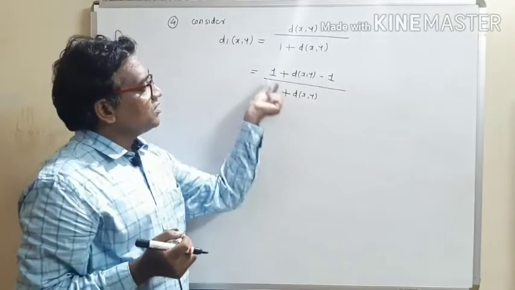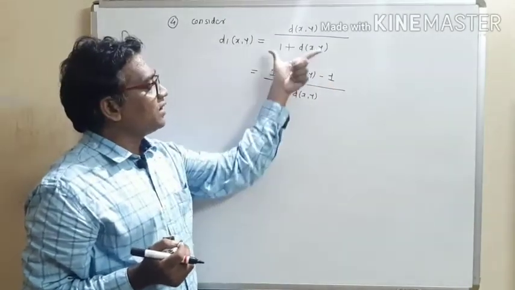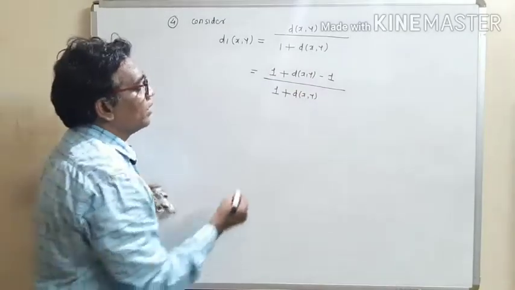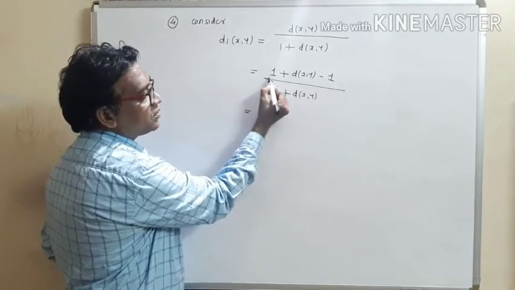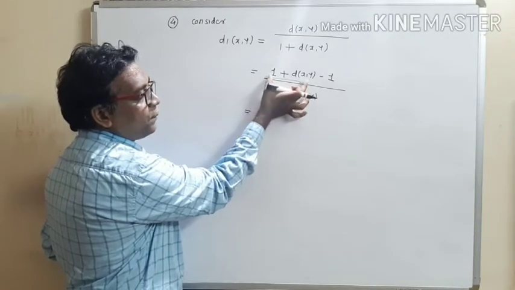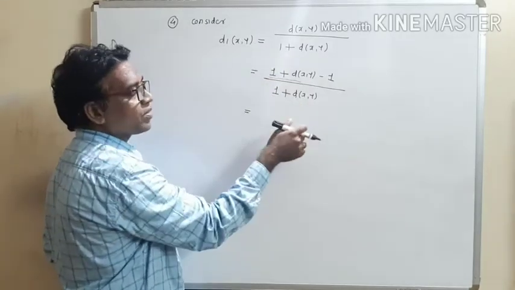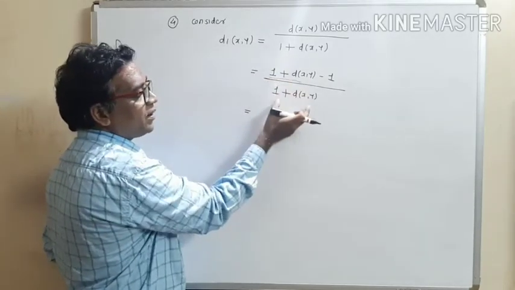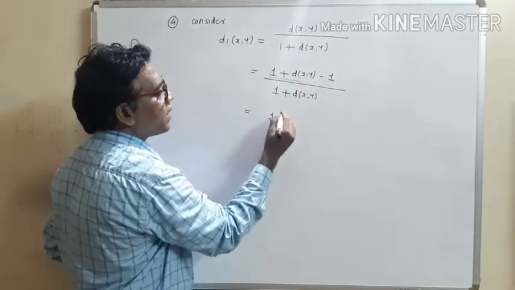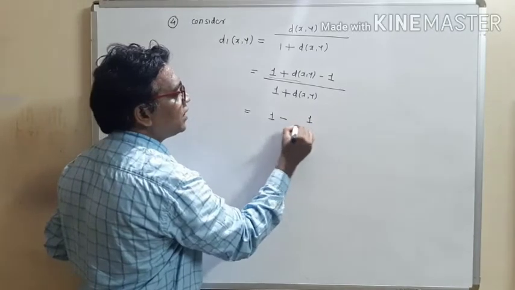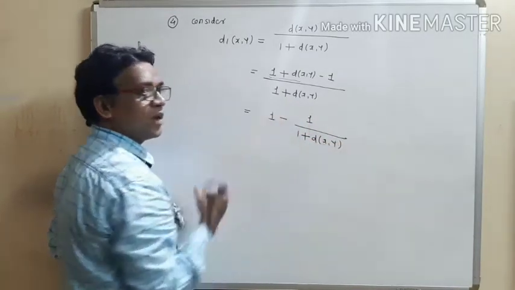So simplify this step. This is equal to 1 plus d(x,y) divided by 1 plus d(x,y), just separating the term, so this is 1, minus 1 divided by the total term 1 plus d(x,y).